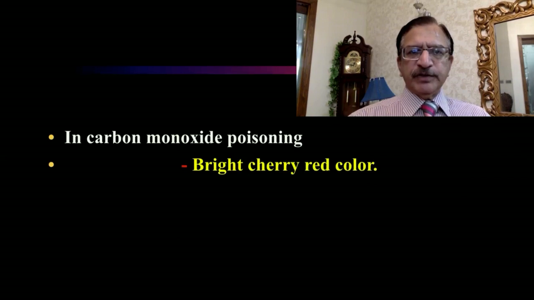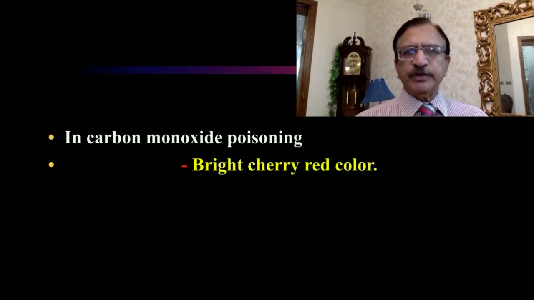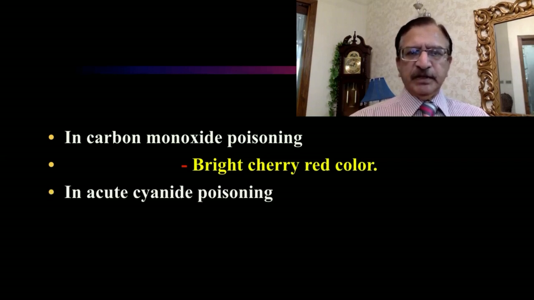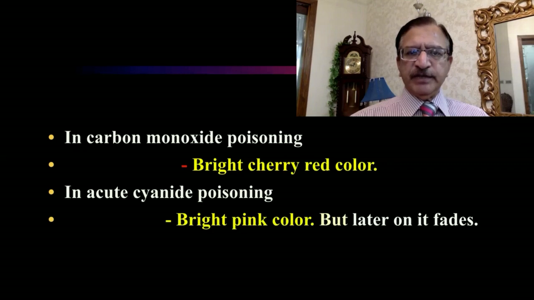In carbon monoxide poisoning, it is bright cherry red color because carbon monoxide has many hundred times more affinity than oxygen, and it doesn't allow the oxygen to take part in the metabolism, and blood remains cherry red color. Then in acute cyanide poisoning, it is bright pink color, which later fades away.